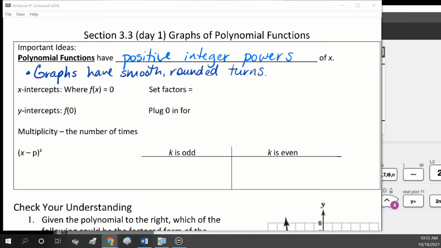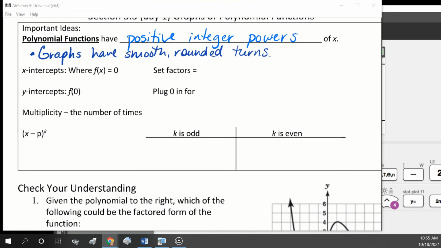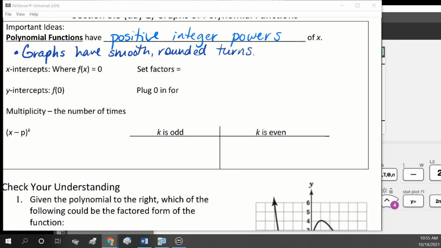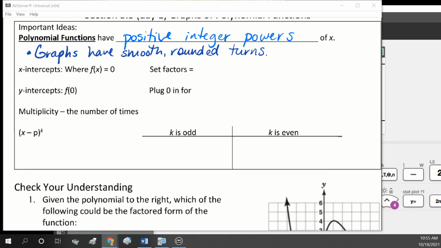Okay, so the main thing we're going to talk about today are x-intercepts, y-intercepts, and multiplicity. So the x-intercepts are where the function equals 0. Sometimes those are also called zeros of the graph, and we'll talk more about that tomorrow. When we're finding x-intercepts, you set the factors equal to 0 and solve. Pretty much we just do that in our head like we did on the other side.